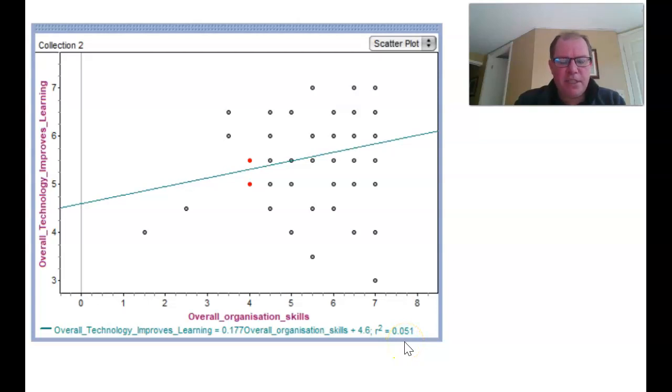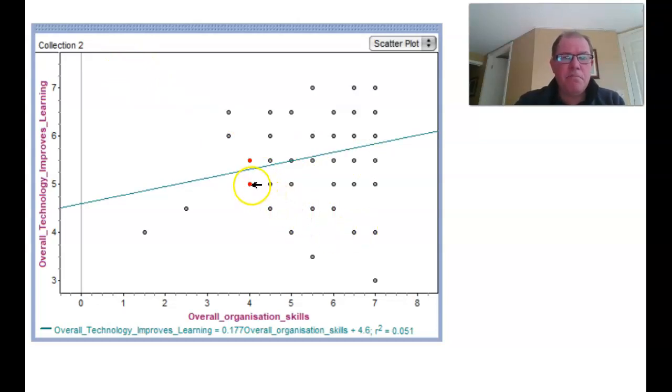Now, once I've written down the R squared value, notice that the line is going up. That means the R value is going to be positive. So when I take the square root of R squared, make sure you take the positive square root. If the line was going down, my R value would be negative. So you take the negative square root.